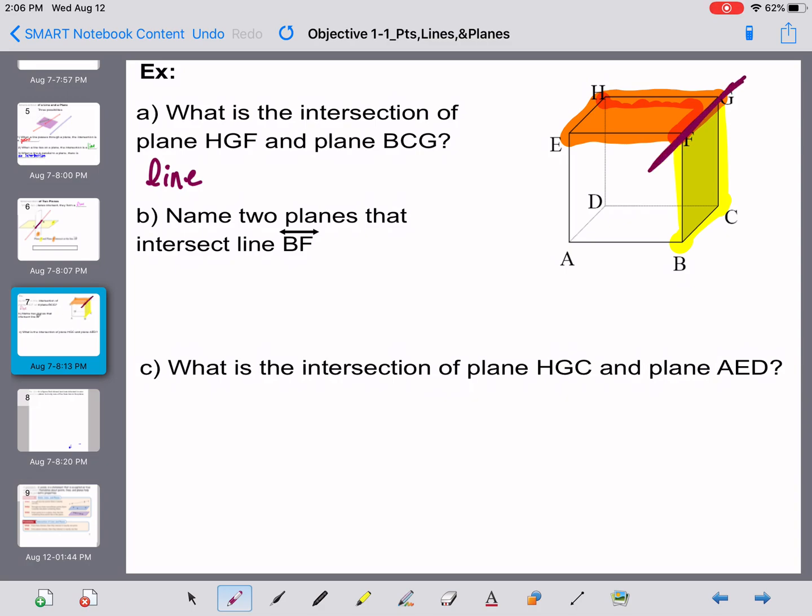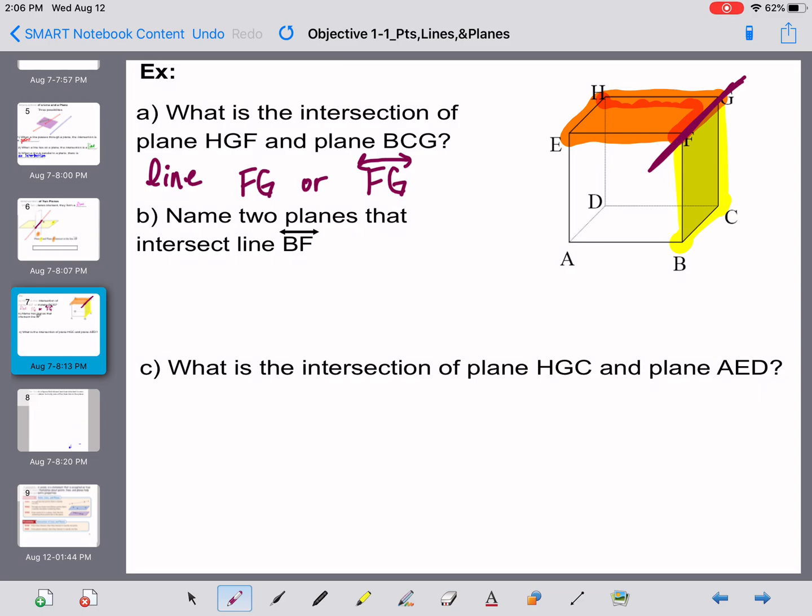That corner is that line of intersection. So the line FG. Or you're probably going to see it written like this. All right, if I write the word line with FG, then I know I'm talking about the line FG. If I don't want to write the word line, then I've got to use this symbol above FG that shows me it's a line.